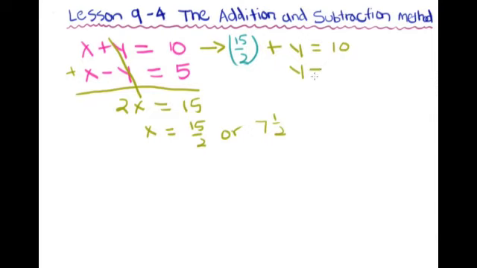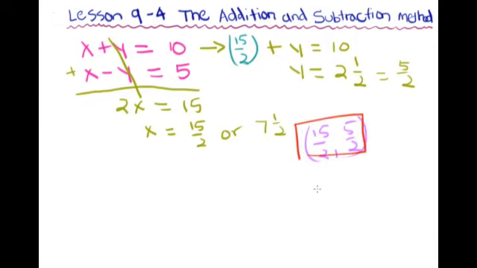So we get y is equal to 2 1/2, because 2 1/2 plus 7 1/2 is 10. 2 1/2 is also 5 over 2. So our final answer is 15 over 2, comma, 5 over 2.